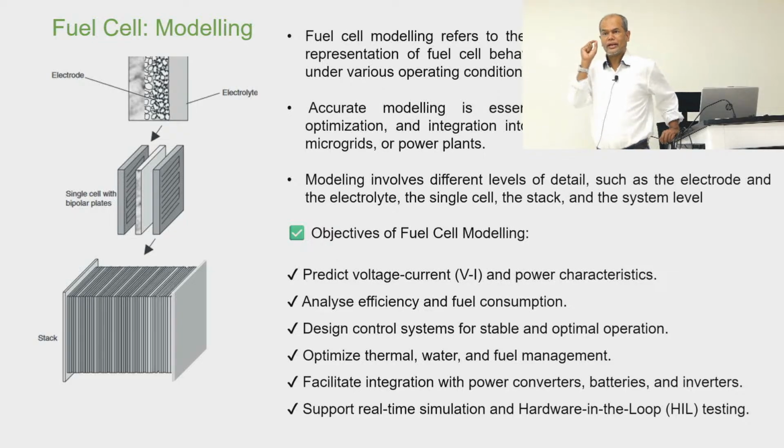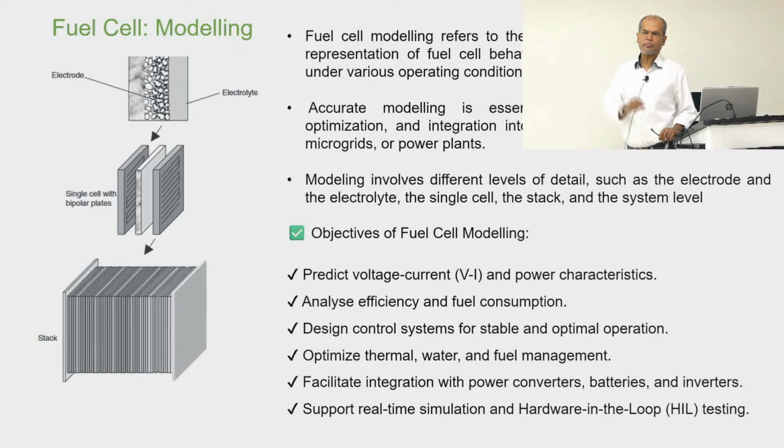When you design something and use it for a particular application, you might not get your desired efficiency, right? If you want to determine it yourself, you have to have the modeling, and then you can analyze efficiency. You can analyze what sort of fuel consumption there will be for a particular fuel cell for a particular application, to understand the level of fuel cell that you need.